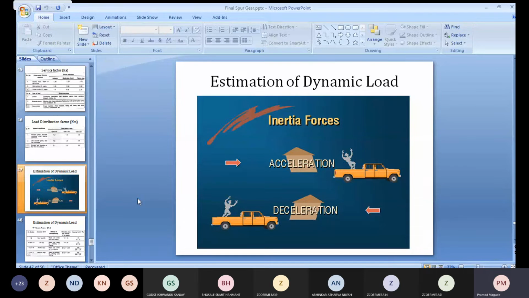Next point, the inertia effect, also called as dynamic load. Next point, following are the two basic methods which define it.